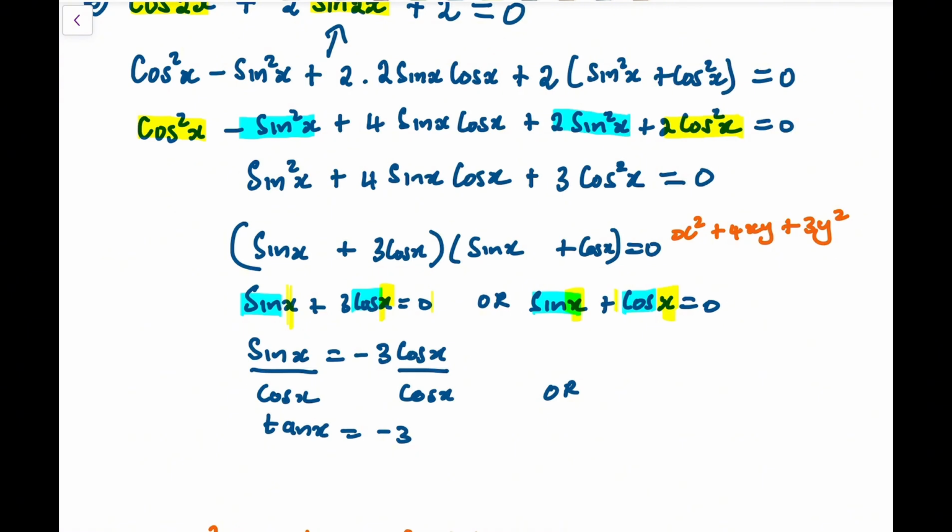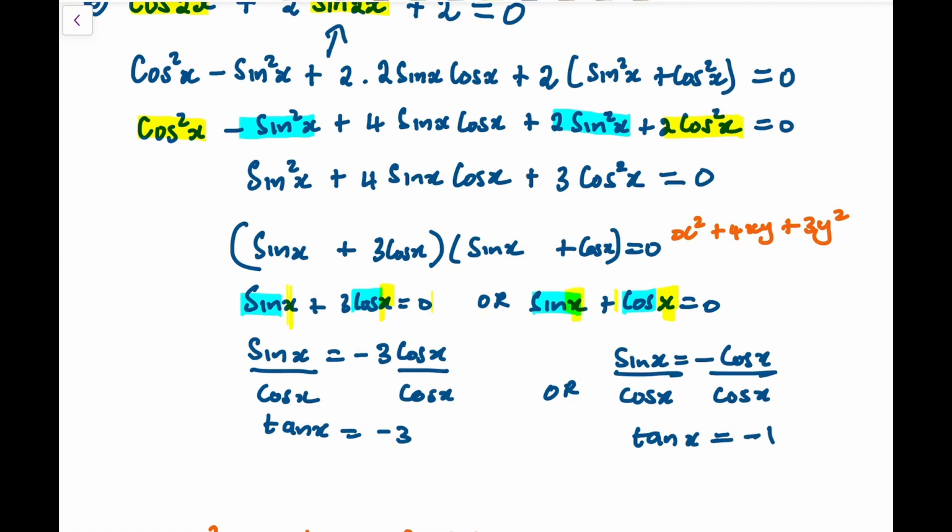or if I transpose here, I will have sine x is equal to negative cos x. So I divide by cos x on both sides. Now I'm going to have tan x is equal to negative 1.